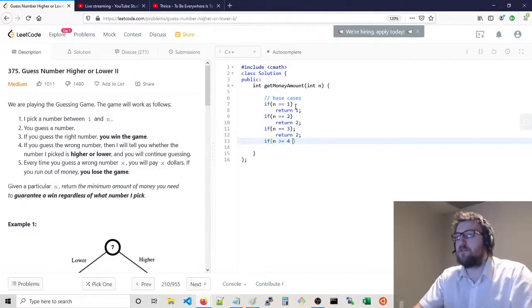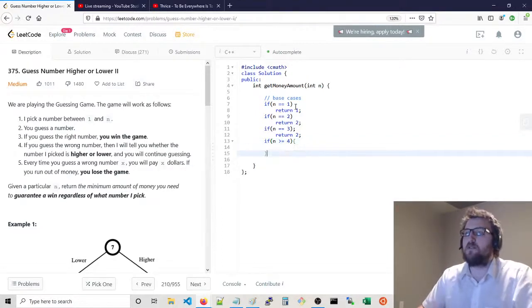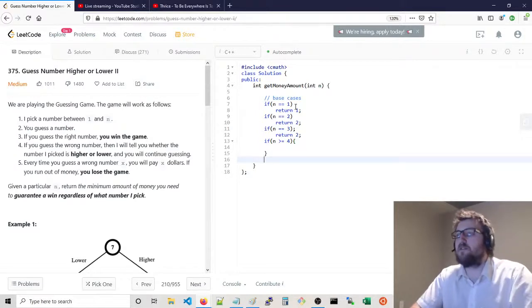Alright, now n is greater than or equal to 4. I'm going to do the following. Actually, yeah, well.